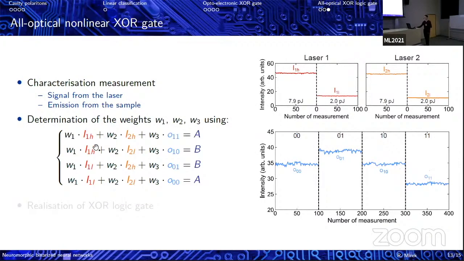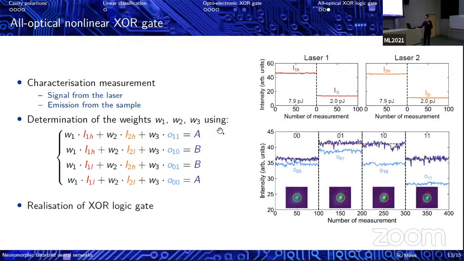So we calculated these weights, and using them on the optical table, we could run the experiment again, but this time mixing all these intensities: the intensity of the first beam, second beam, and the output. And we got this result. So we have two distinct states: this is the lower state, the same here, and the higher state, which is here.